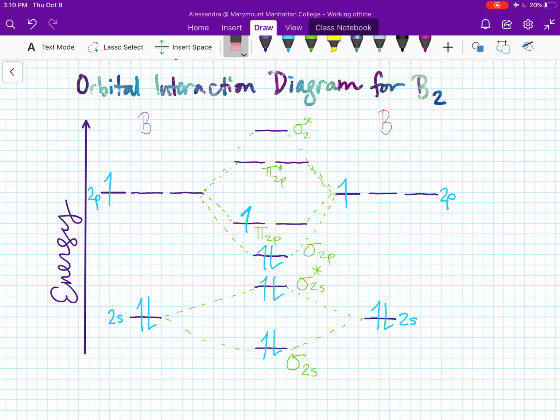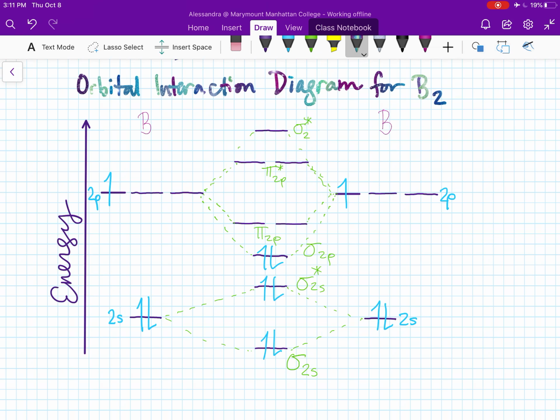I only have 6 to fill. That is my bad, I just counted wrong. Each boron brings 3 electrons to the table, so 3 plus 3 is 6. Okay, so 2, 4, 6. I start with the lowest energy molecular orbital, and then I keep going up, pairing as I go up. So this would be the expected molecular orbital diagram for boron.